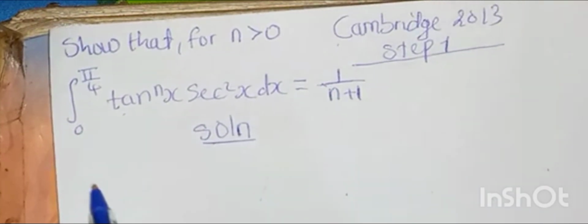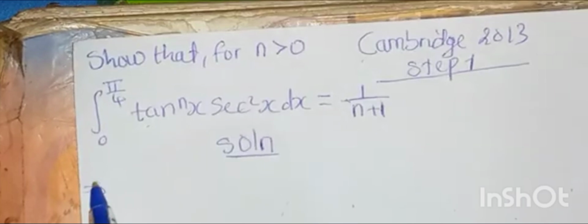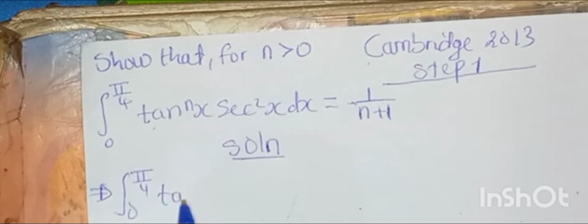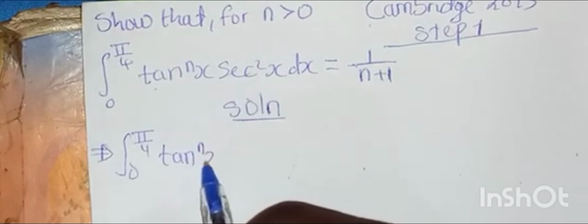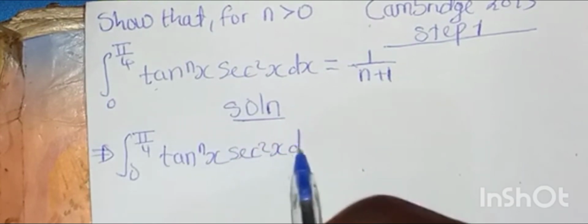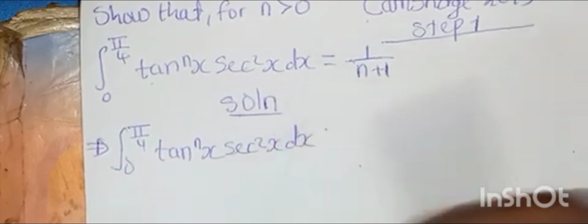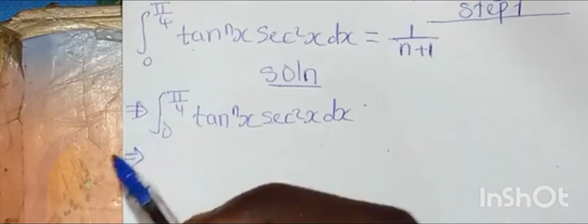That implies the integral from 0 to pi over 4, let me copy out the equation, of tan nx sec squared x dx. That implies, because I can now take a nice u sub.